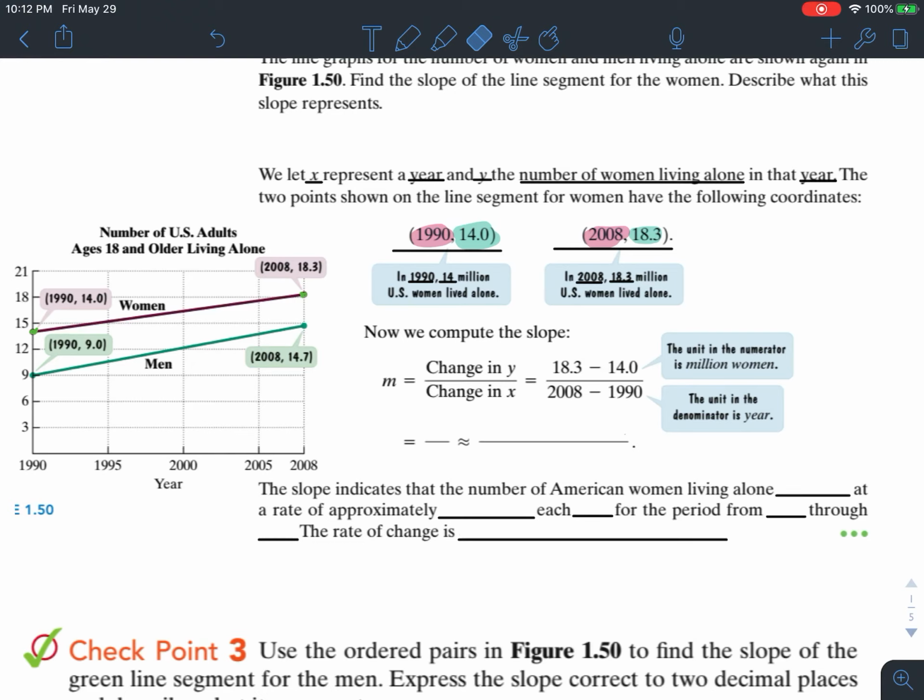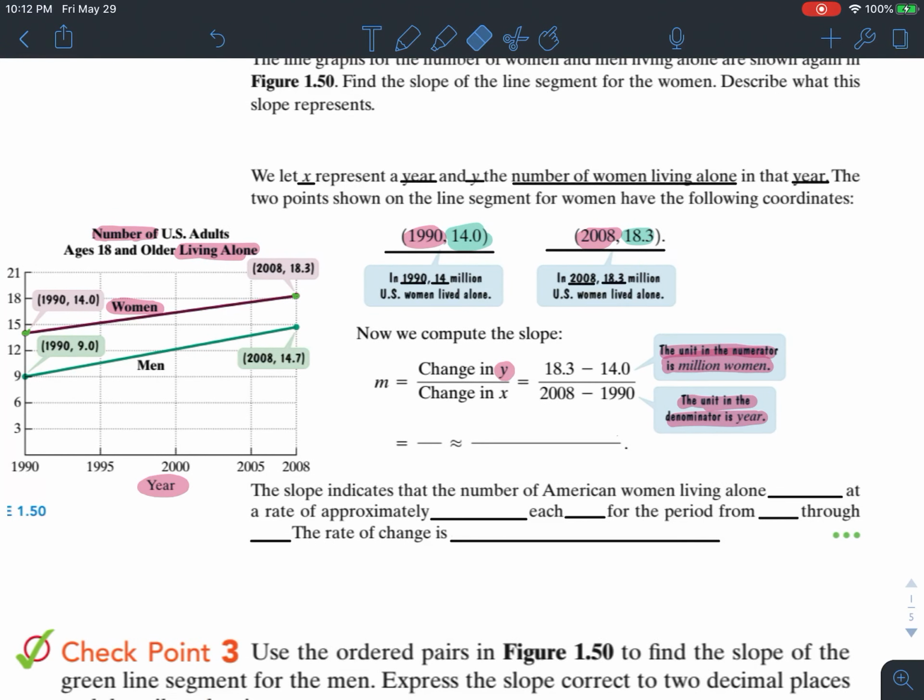So notice that the units in the top are coming from the y units. And the y is the number of women living alone. So the unit in the numerator then is millions of women. The denominator is the year because that's x. That's the independent variable, and that's always what's going to be down here on the x-axis.